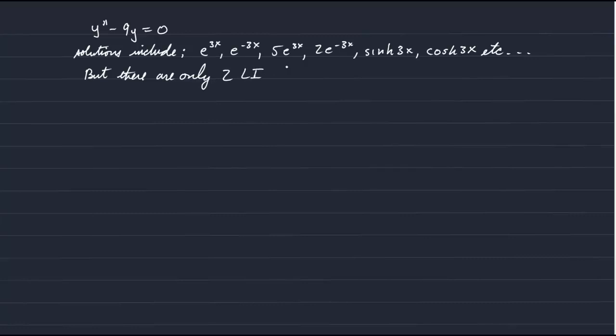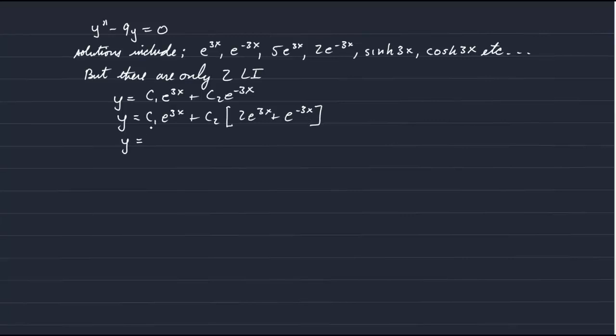And so your general solution should be given in terms of exactly two linearly independent solutions. The two solutions we first looked at were e to the 3x and e to the minus 3x. Another valid answer would be c1 e to the 3x plus c2 times 2 e to the 3x plus e to the minus 3x.